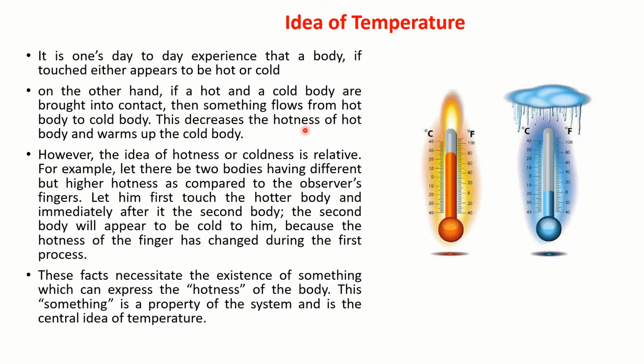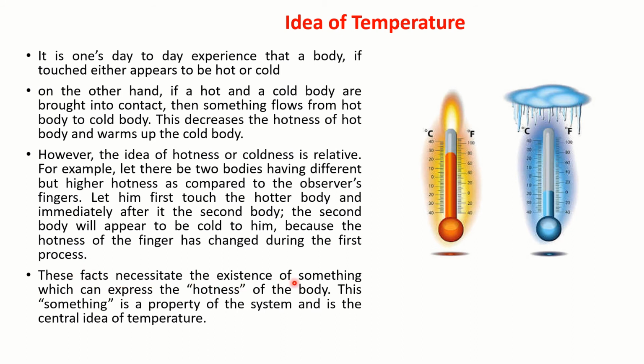That something decreases the hotness of the hot body and warms up the cold body. However, the idea of hotness or coldness is relative. For example, let there be two bodies having different but higher hotness as compared to the observer's fingers. Let him first touch the hotter body and immediately after it, the second body. The second body will appear to be cold to him because the hotness of the finger has changed during the first process.